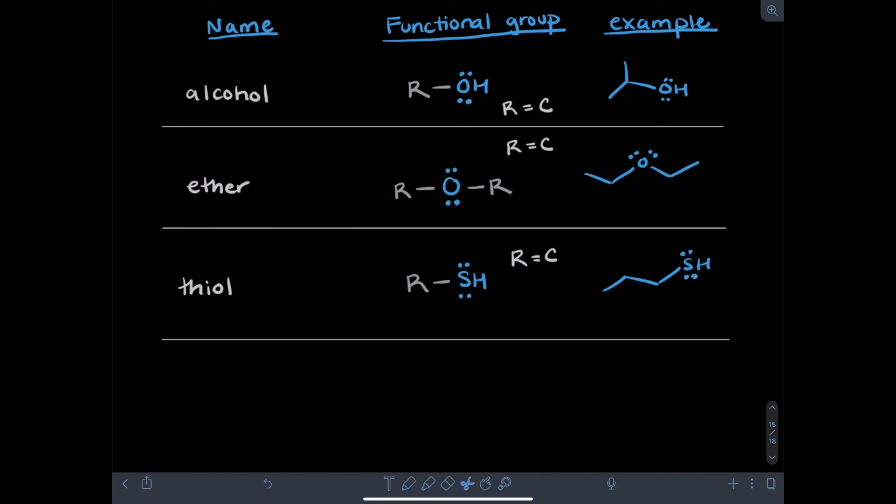A thiol is the sulfur equivalent of an alcohol. Here you have a carbon attached to an SH group. And what's known as a sulfide is the sulfur equivalent of an ether. Here you have a sulfur bound to 2 different carbons.